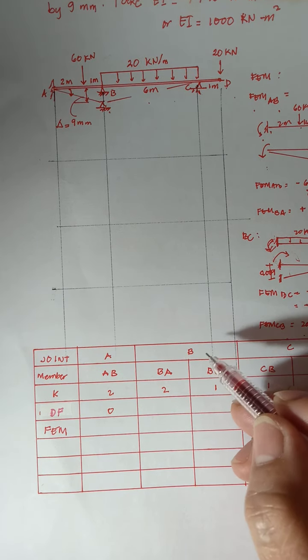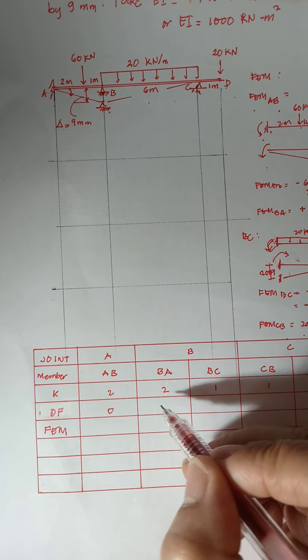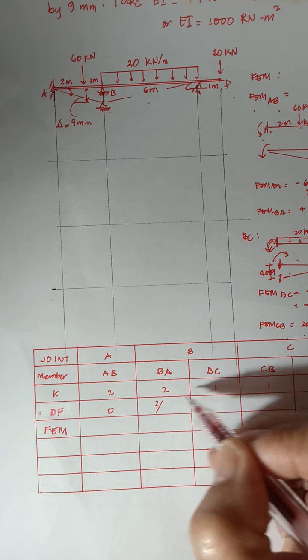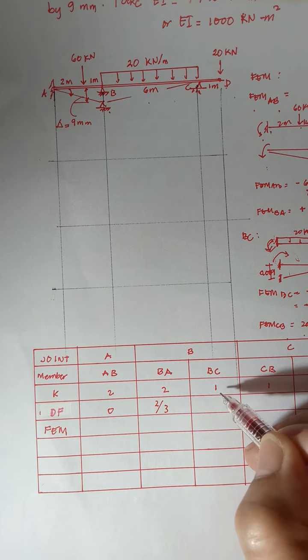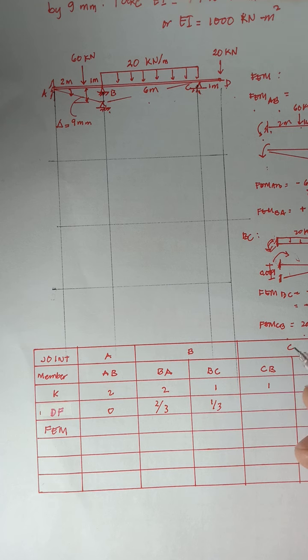Okay, so at joint B, you have BA and BC connecting. So we have 2 over the sum of their K's, 2 over 3, and for BC, 1 over 3. And for CB, that is a far end pin, so 1 over 1, that is equal to 1.